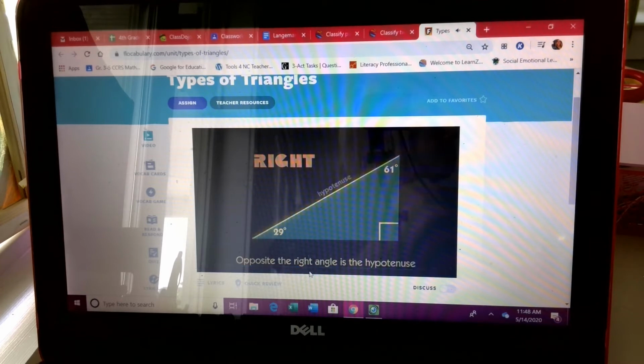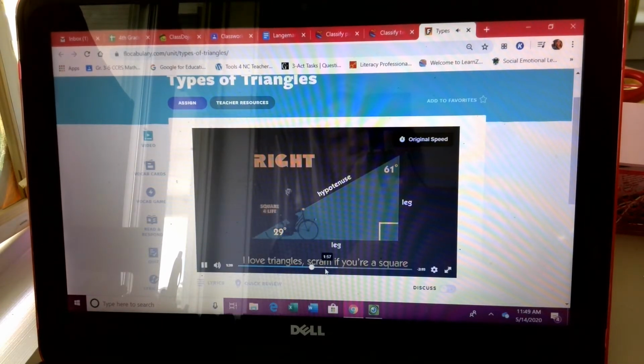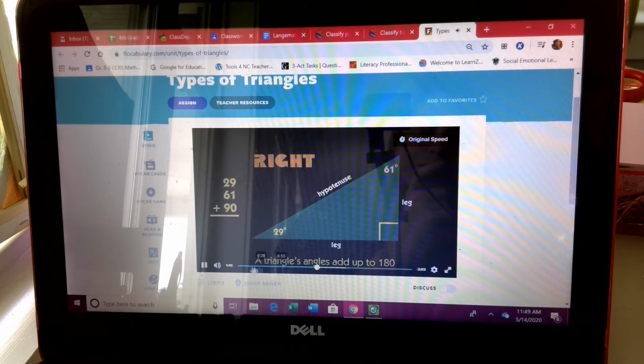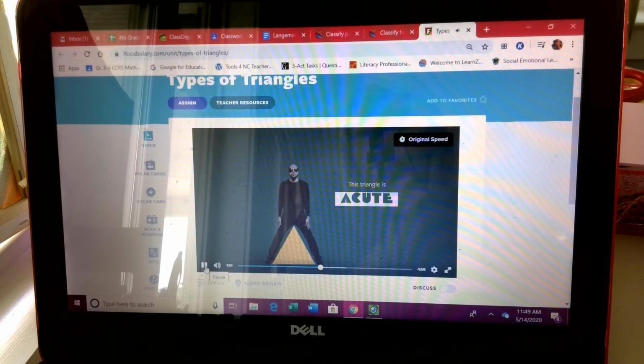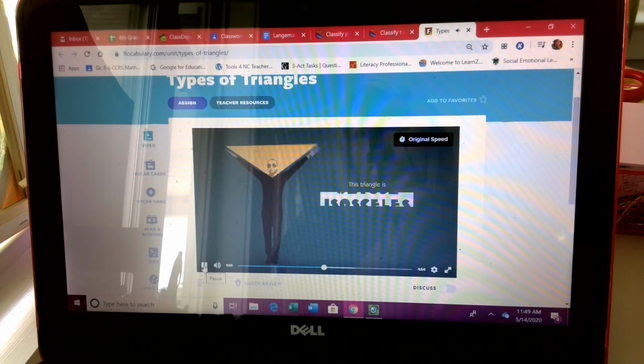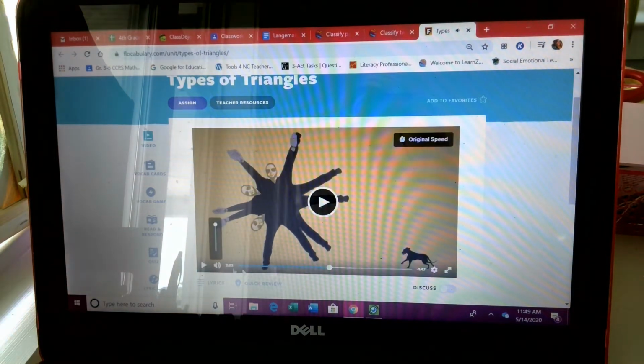Opposite the right angle is the hypotenuse. It's the longest side. And the other two sides are called the legs. Nothing fancy there. I love triangles. Scram if you're a square. No matter the type, one thing is crazy. A triangle's angles add up to 180. What? This triangle is acute. Right triangle, obtuse. Isosceles, scalene, equilateral. Now you know the whole team.